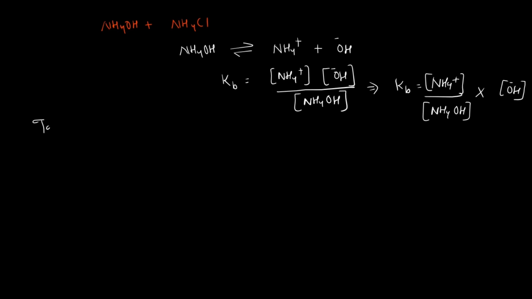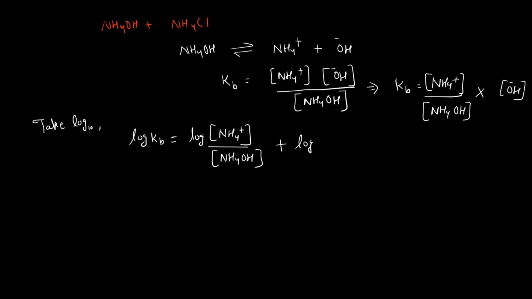Now if we take log of both sides, we get log Kb equals log of the concentration of ammonium ion divided by the concentration of ammonium hydroxide, plus log of OH- concentration, since log of m times n is log m plus log n.